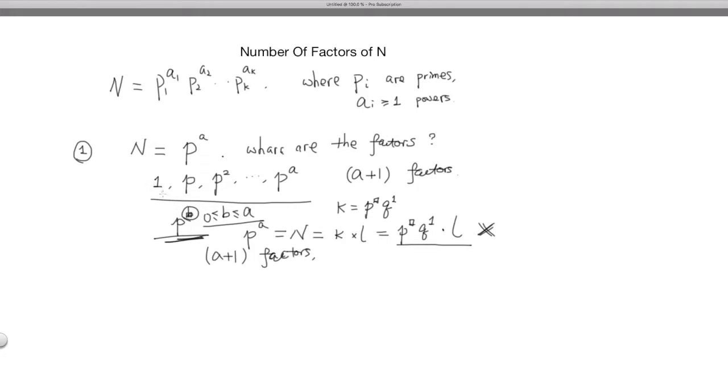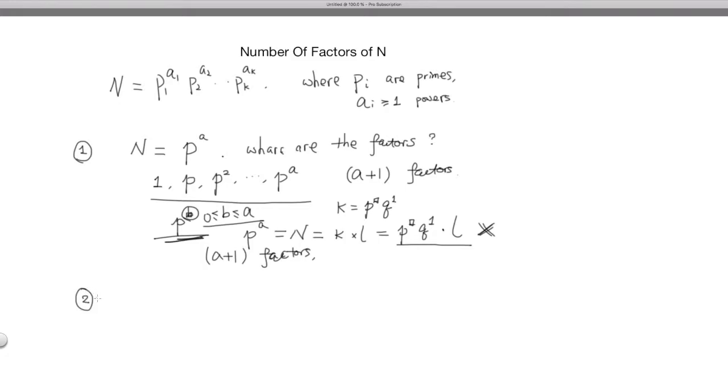The factors being p to the power 0, which is 1, p to the power 1, p squared, all the way to p to the a, a plus 1 factors. So here, when n is a prime to the power something, the factors are pretty easy to find. And the number of factors will be just the exponent plus 1.